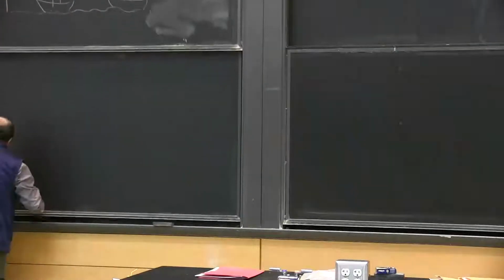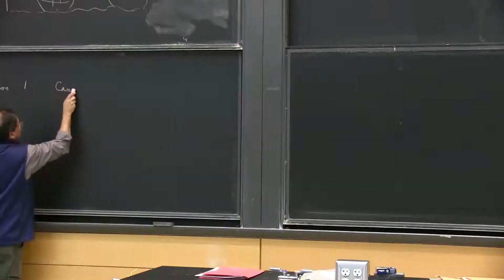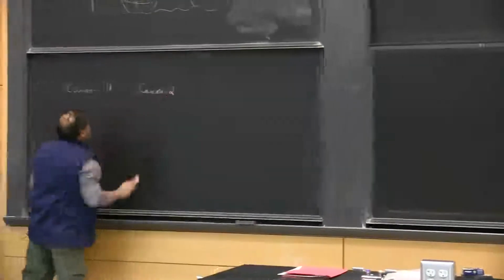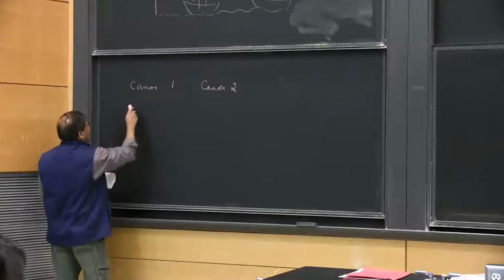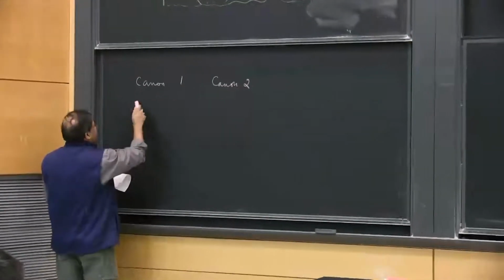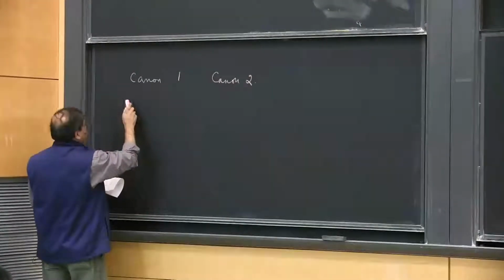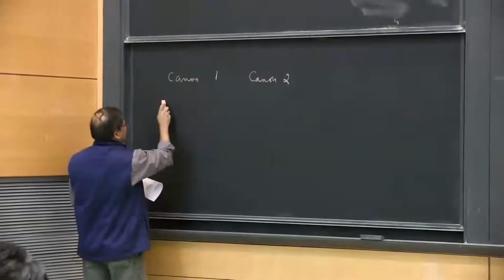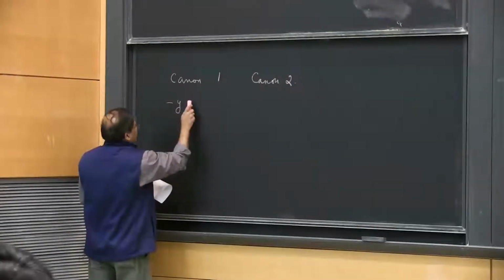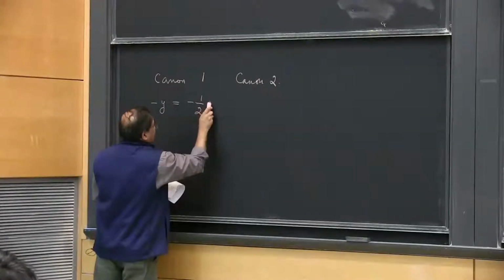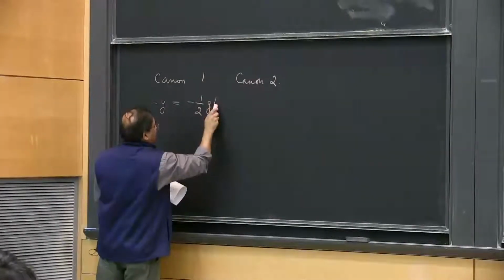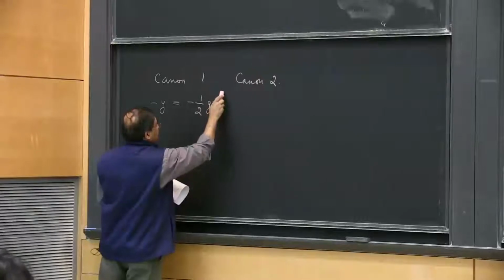So the idea here is that for Cannon 1, for Cannon 2, let's say that as far as the vertical motion is concerned, I can certainly write the distance drop, let's say minus y, is equal to minus 1/2 acceleration due to gravity g times, let's say, T1 squared.